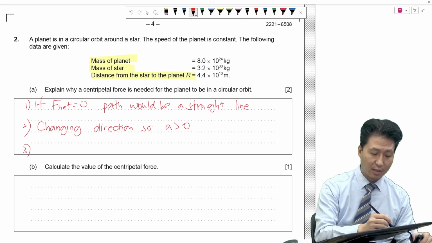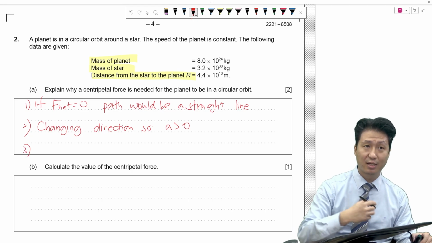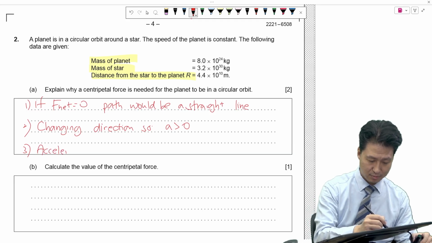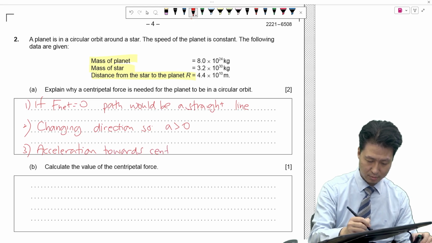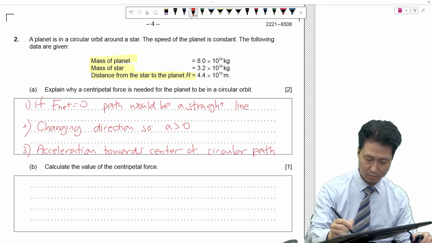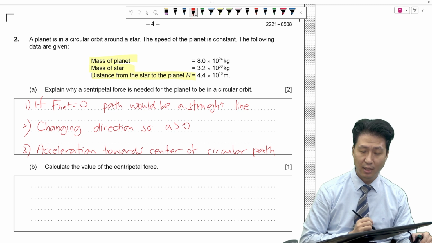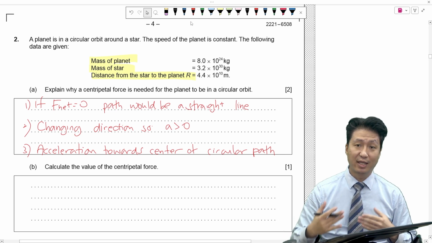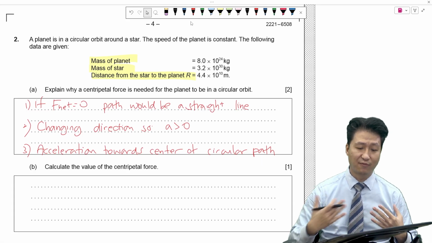Third, the acceleration required is towards the center of the circle. And there's other things you can add to this. You can say that the velocity and acceleration are perpendicular, or that the velocity and the force are perpendicular.